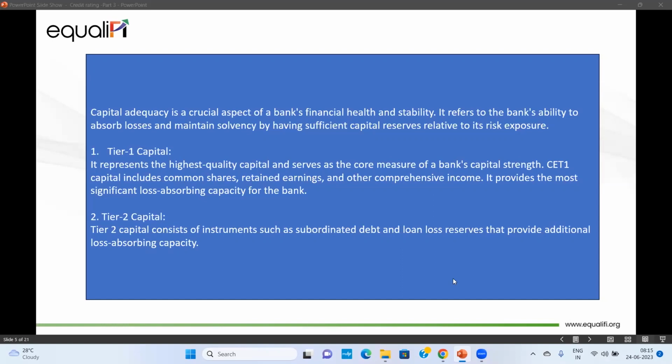So that way you can see whether they're adhering to Basel norms or not. You can check any bank's financials, and then you can find out. So since you have raised this point, definitely I'll try to get it, and I'll definitely provide it to you guys.